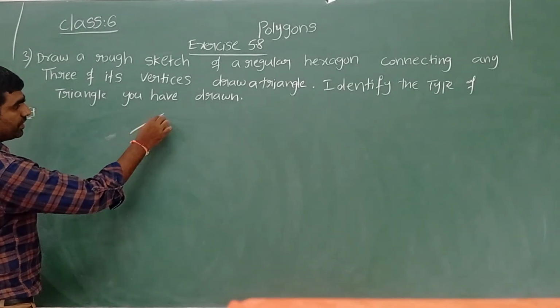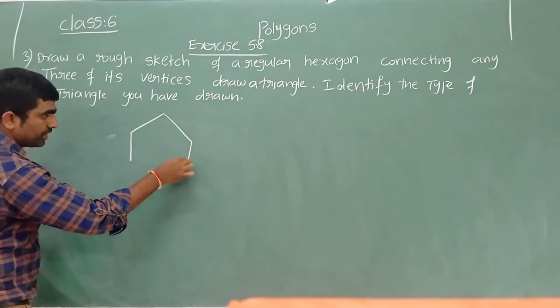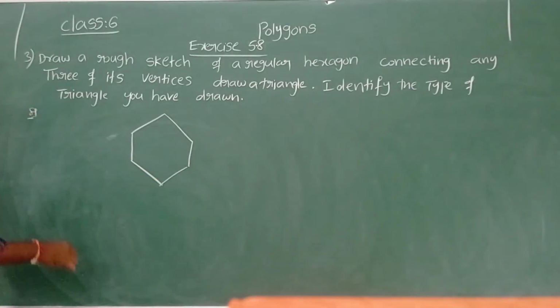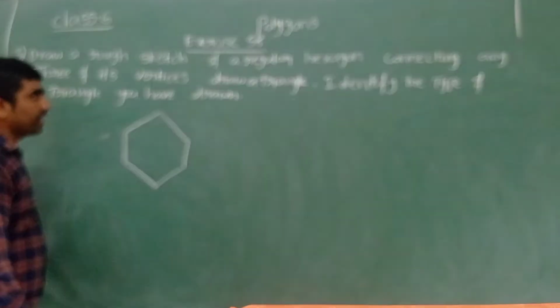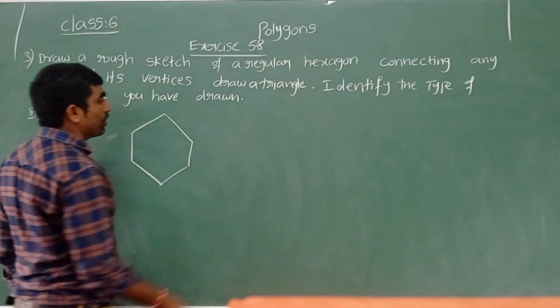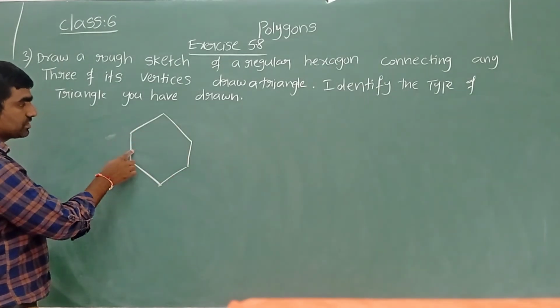One side, two sides, three sides, four sides, five sides, six sides. The question says it is regular. All the sides are equal, all the angles are equal. Hexagon means a polygon bounded by six sides: 1, 2, 3, 4, 5, 6.